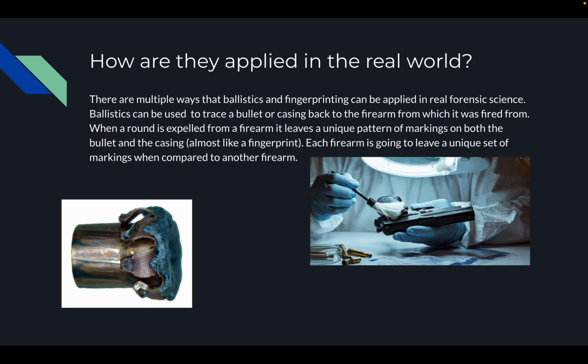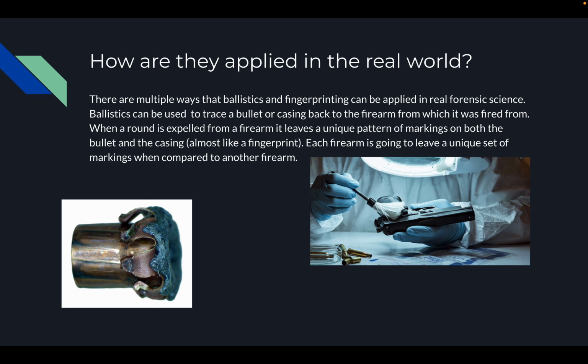However, ballistics and fingerprinting do really exist. They can be applied in many different ways in real forensic science. Ballistics primarily can be used to trace a bullet or casing back to the firearm from which it was fired.